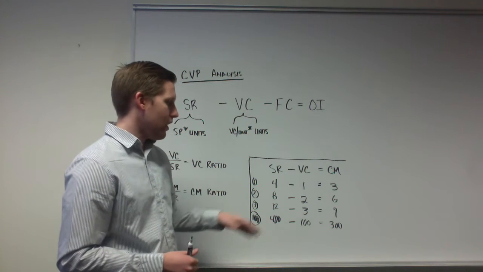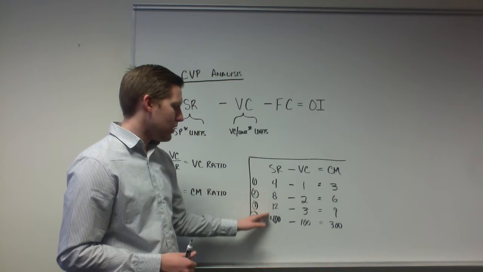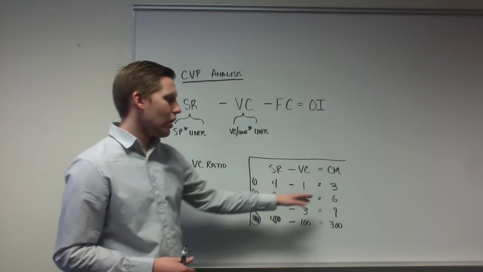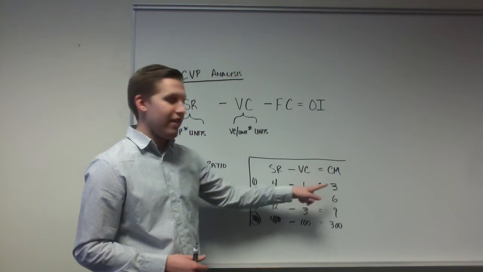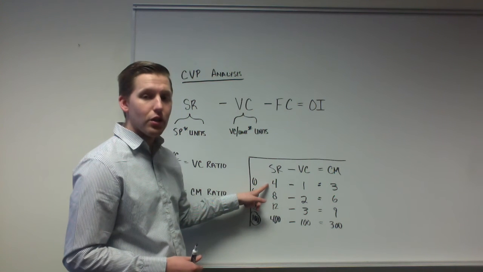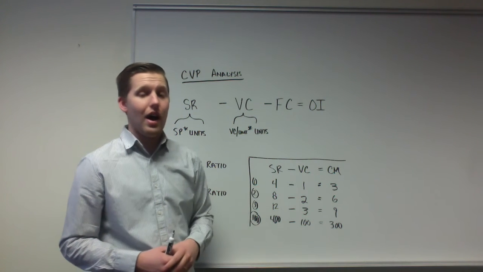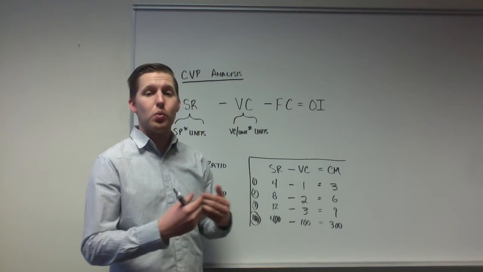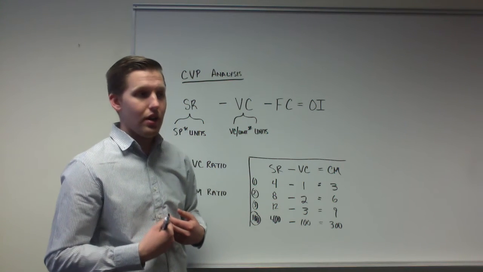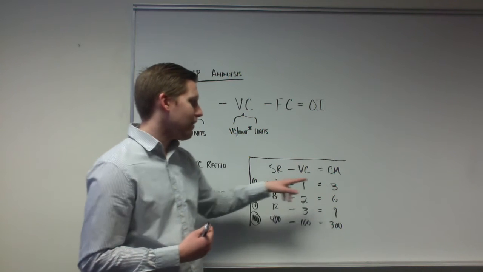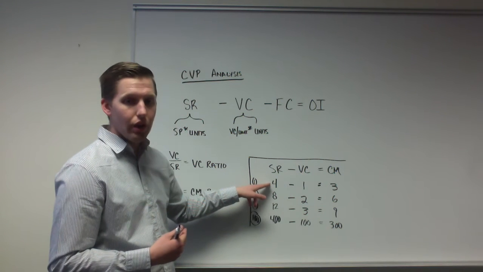Also, doesn't matter how many units I sell, my contribution margin is always 75% of my sales revenue. So I get $4, I use 1 on variable costs, and I'm left over with 3. $3 is 75% of $4.